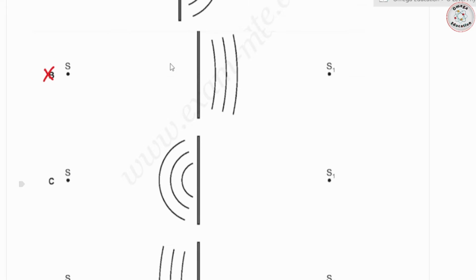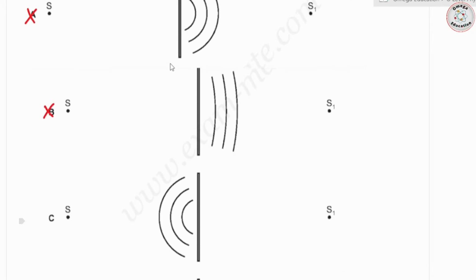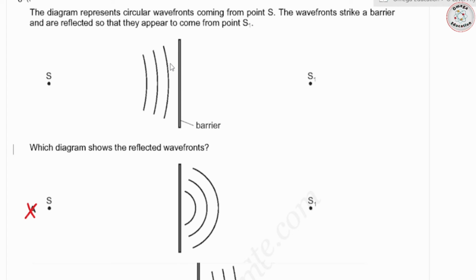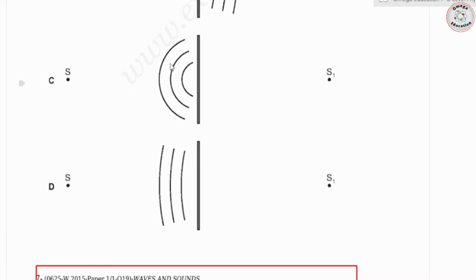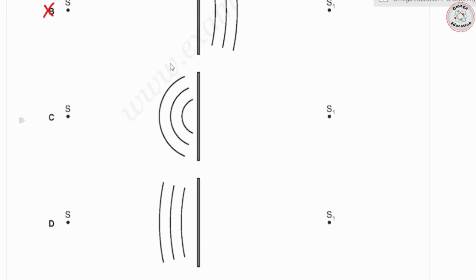All right, and then we have C and D. Now in reflection, the shape of the wave does not change. Whatever wave is striking the surface, the same wave would be coming back.